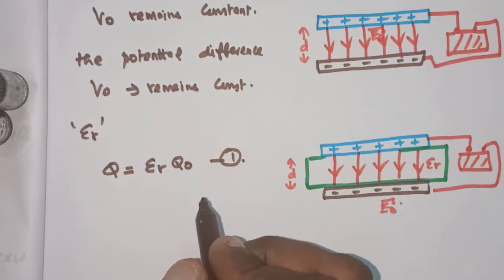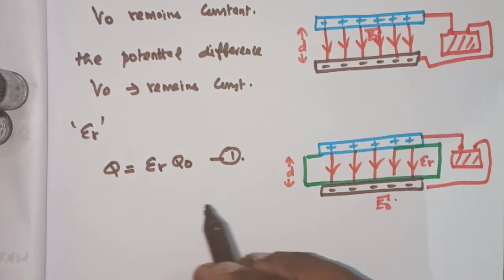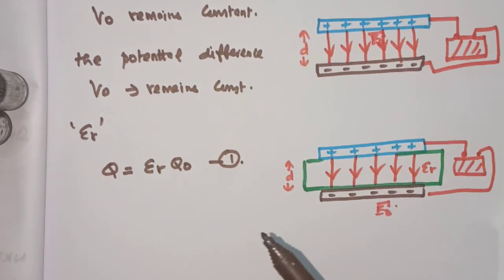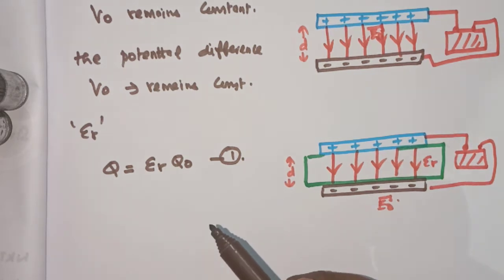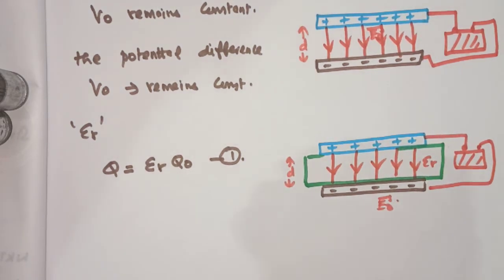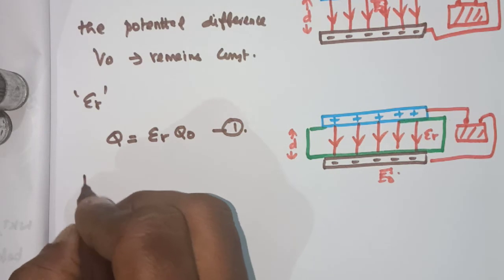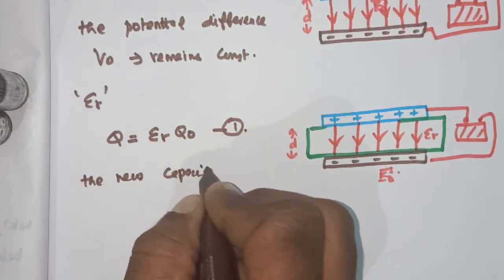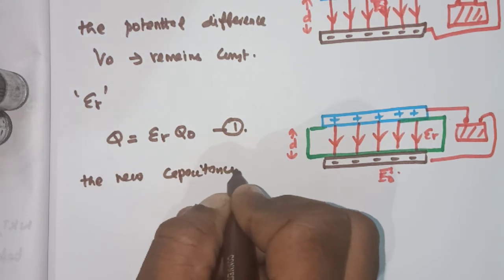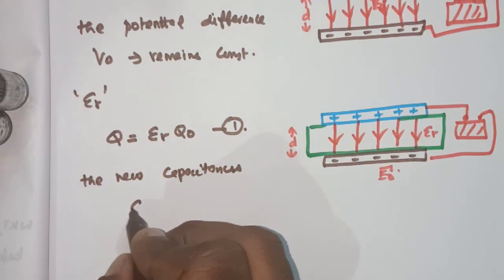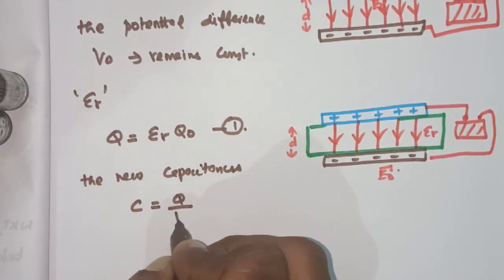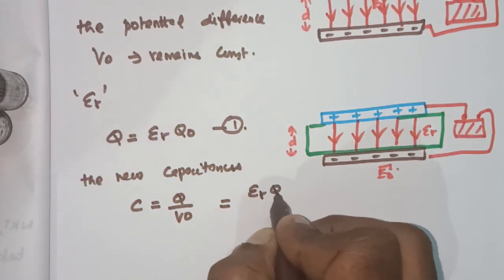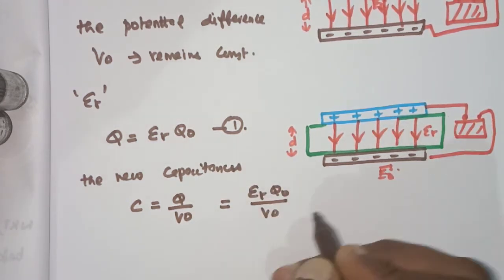Okay, due to this increasing charge, the capacitance is also increased. So the new capacitance we got, C equal to Q by V naught, that is epsilon r Q naught divided by V naught.